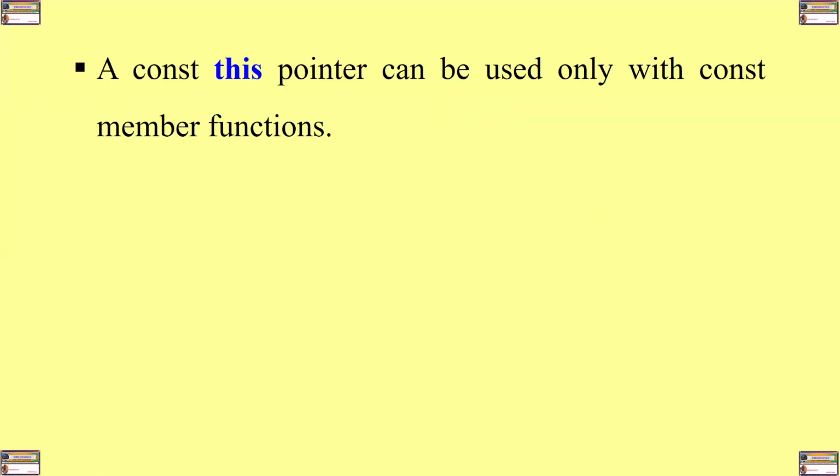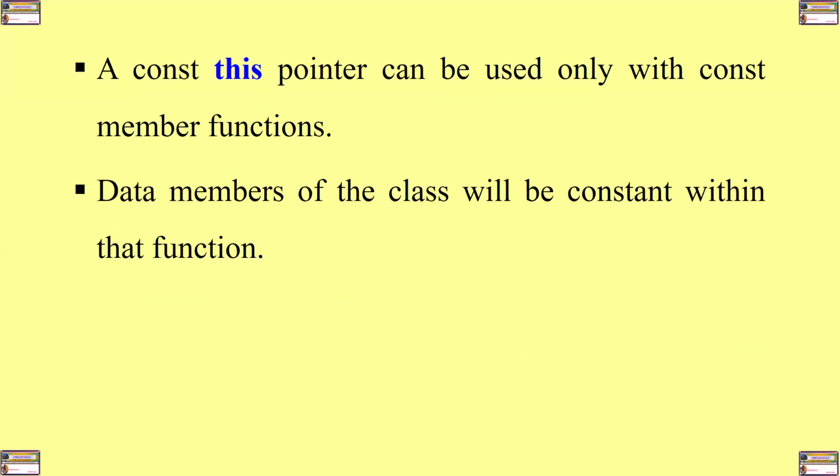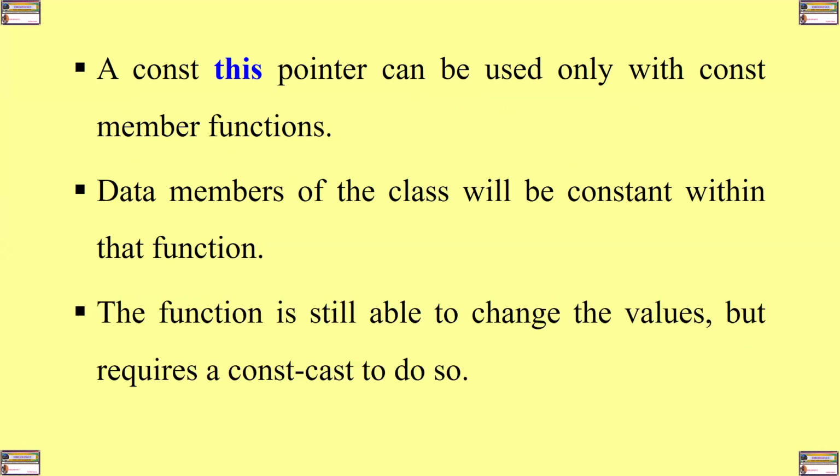A const this pointer can be used only with const member functions. Data members of the class will be constant within that function. The function is still able to change the values, but requires a const_cast to do so.